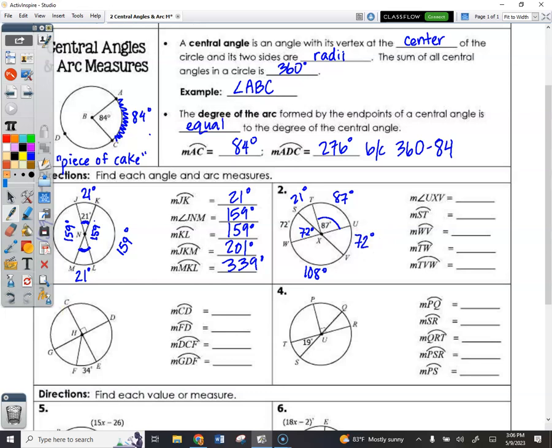Or you have the vertical angles. Alright, so what's the measure of angle UXV? 72. 72. What's the measure of arc ST? 21. What's the measure of arc WV?